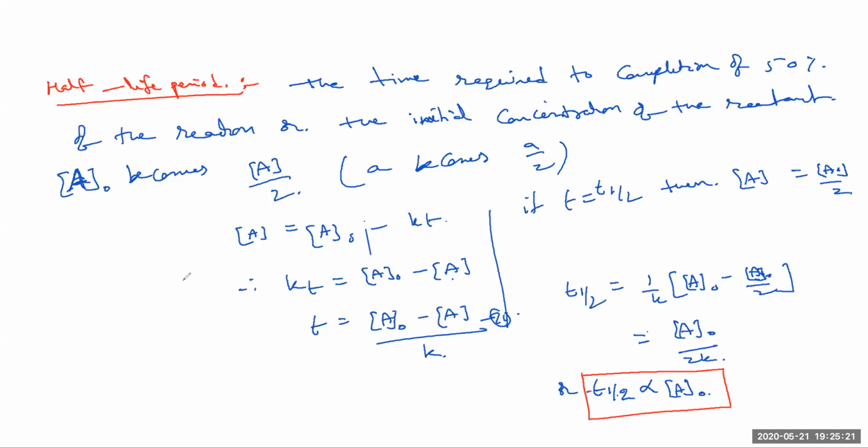Directly proportional means you can make another curve. Here I'm writing it. What is the curve between half life, T half, versus initial concentration? It is directly proportional, right?